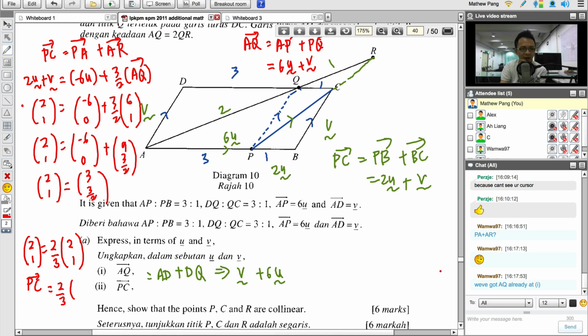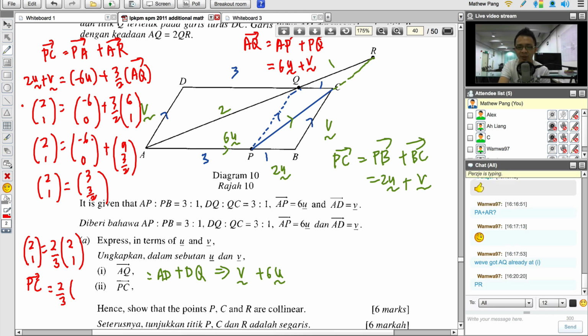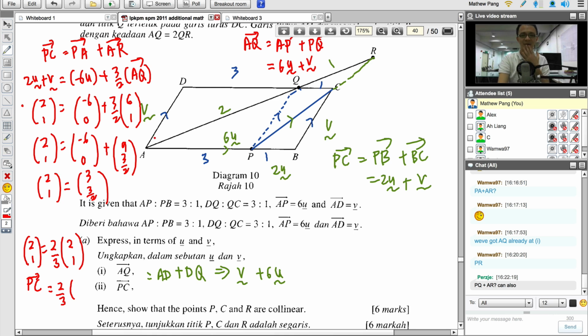Wait for a while. What am I doing? PA. We have got AQ already. 3 over 2, and so on. I'm very blur about this question. What happened? Just wait for a while. We want to do the PCR, right?